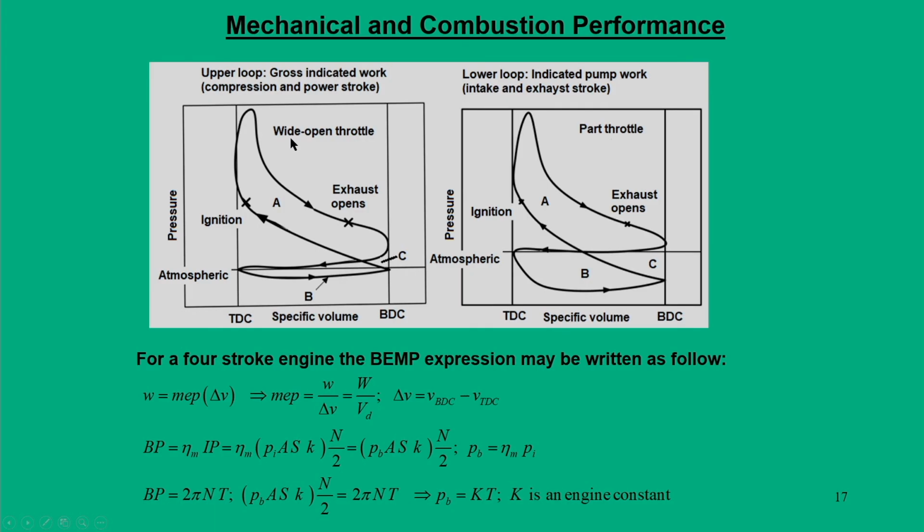In that case we had a plot of the pressure and volume diagram. But here we are going to plot the pressure and volume diagram at the output conditions. The output condition could be of two possibilities, one is wide open throttle, the other is part throttle.